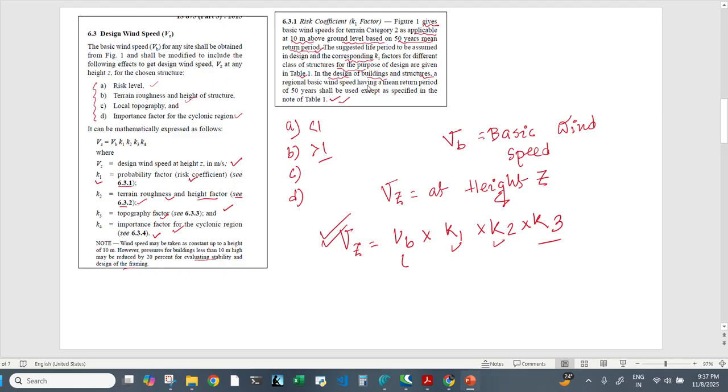A regional basic wind speed having a mean return period of 50 years shall be used except as specified in table 1.